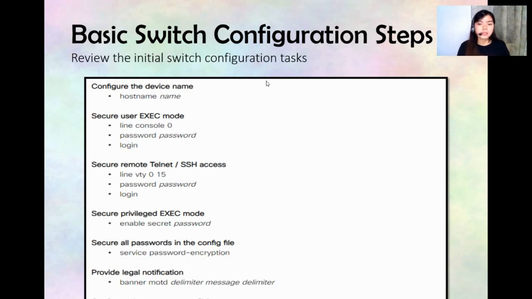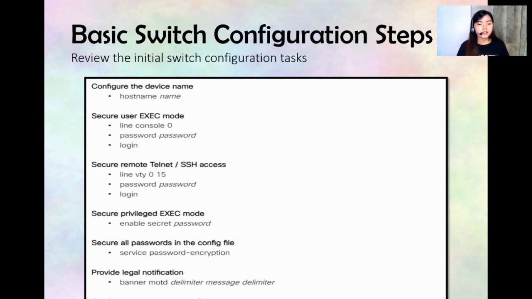This is the task where, before you configure, these are the basic switch configuration steps. Review the initial switch configuration tasks. To configure the device name, you should put the hostname. To secure user exec mode, you should put line console 0, then the password, then login, then exit.